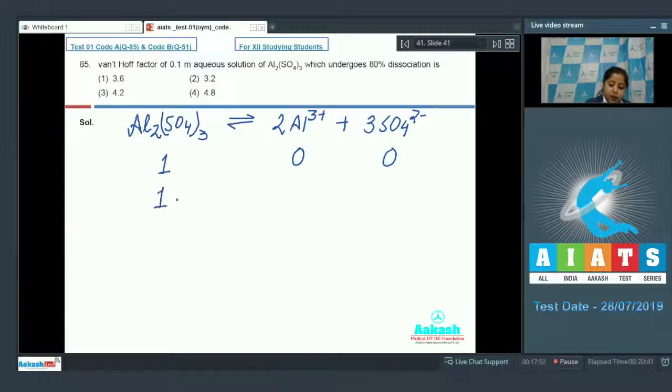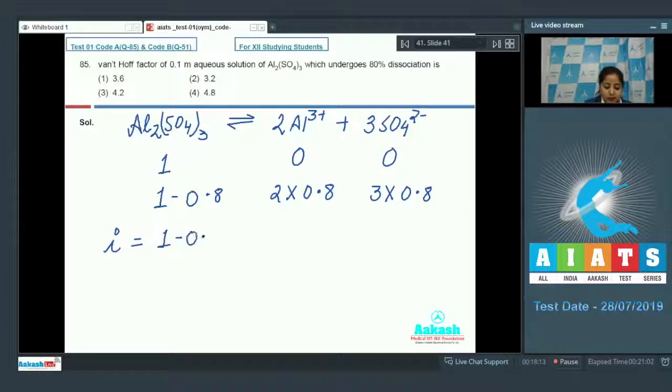After dissociation, the number of moles of aluminium sulfate left is 1 minus 0.8, and the number of moles of Al3+ formed is 2 into 0.8 and sulfate is 3 into 0.8. So the value of i, that is the Van 't Hoff factor, will become 1 minus 0.8 plus 5 into 0.8, which ultimately becomes equal to 4.2. So the correct answer is option number 3.